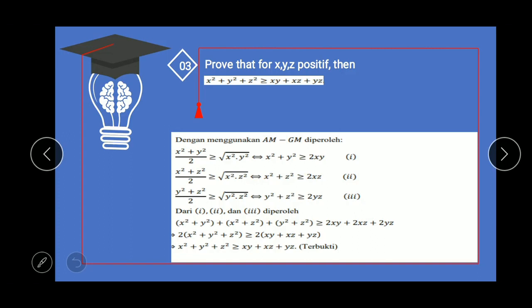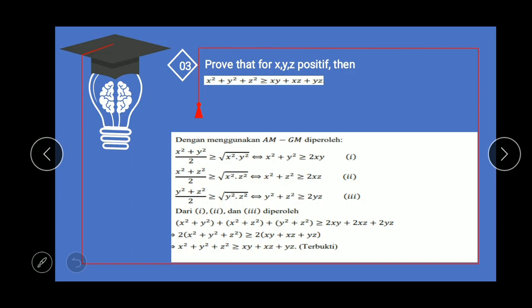Here we use the AM-GM, but what is actually AM-GM? AM-GM is the inequality of arithmetic and geometric means, and it has a general form.